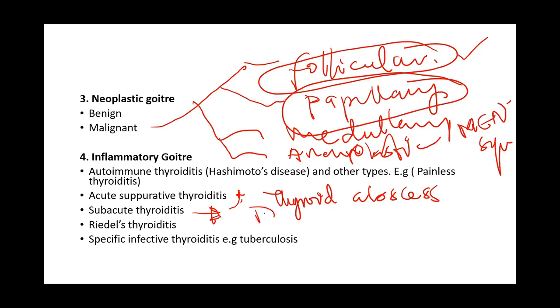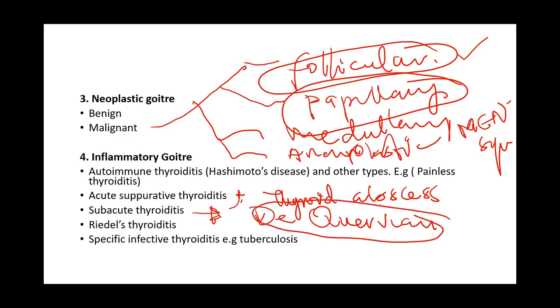The De Quervain's thyroiditis is an entity of subacute thyroiditis that usually follows viral infection. The Riedel's thyroiditis is also an inflammatory thyroiditis that is associated with fibrosis. This fibrosis can cause even obstructive symptoms, okay? Specific infective thyroiditis usually is thyroiditis following specific infections like tuberculosis.